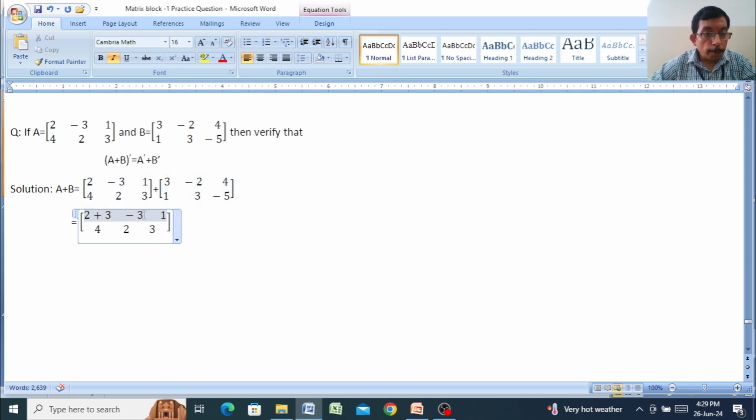The second element of the first row is minus 3. The same order element in the second matrix is minus 2. Then minus 3 plus minus 2. The third element of the first row is 1. The corresponding element is 4 in the second matrix. So 1 plus 4.